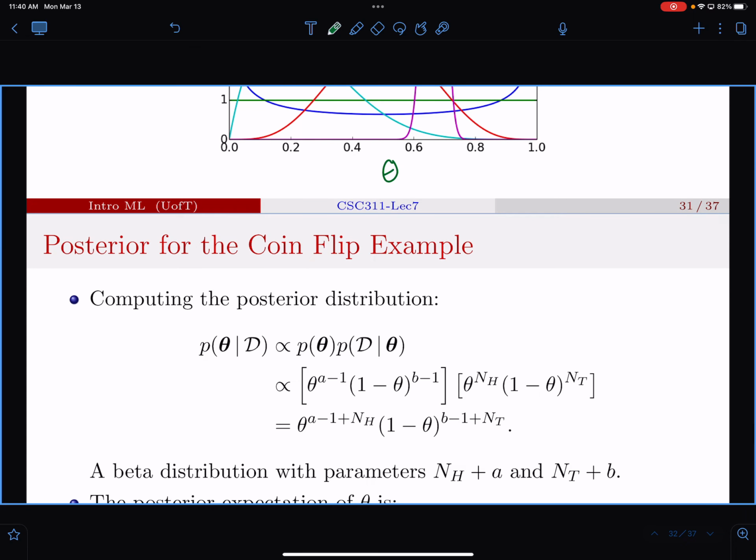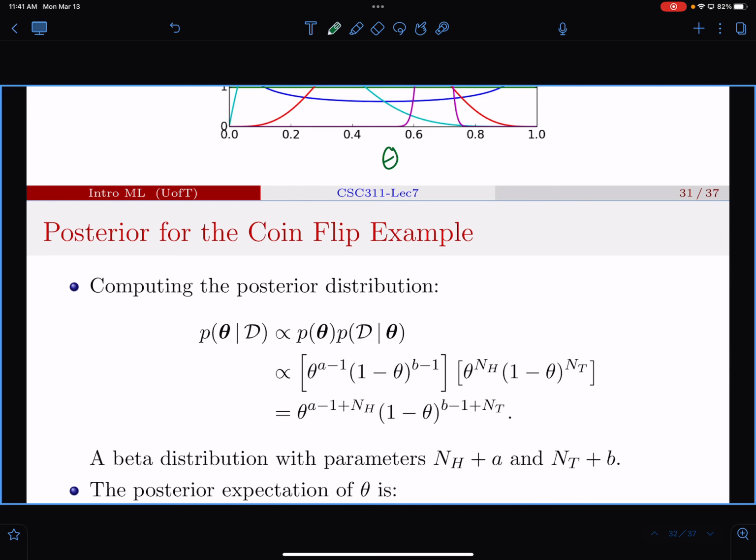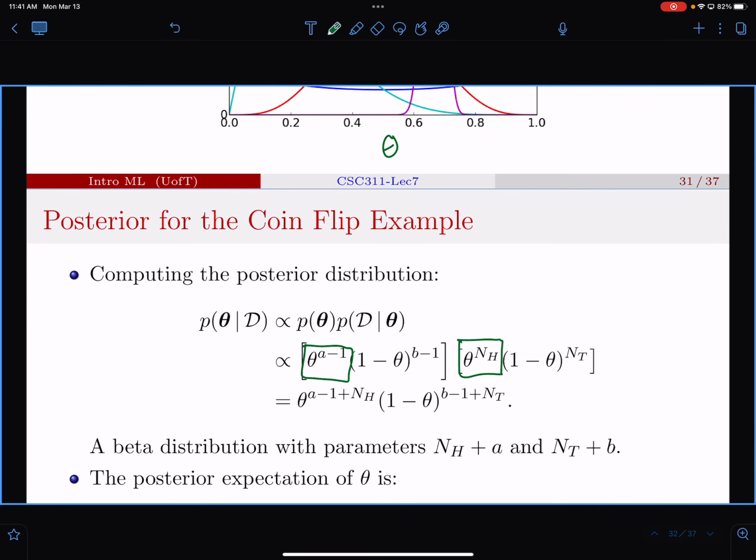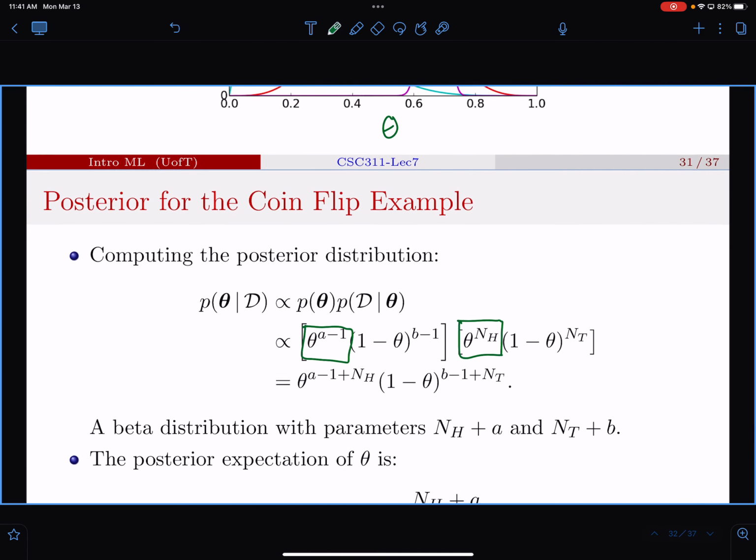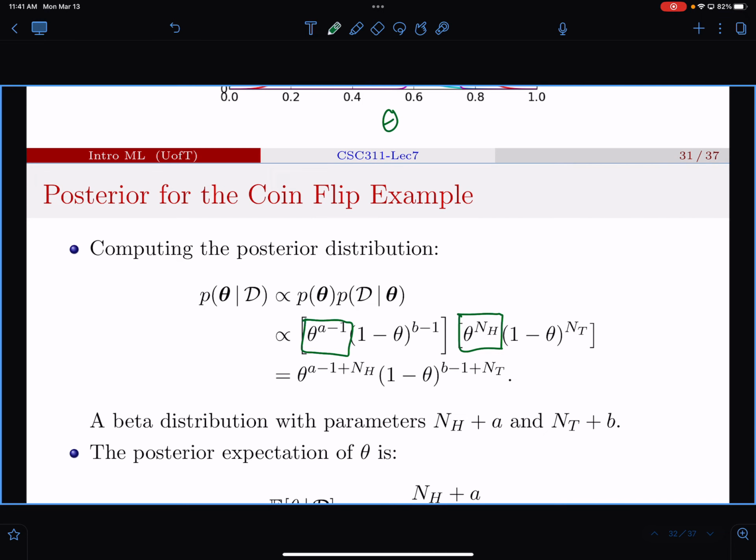Okay, so the reason this prior is really nice is when we're trying to compute the probability of theta given the data, you'll notice that the two functions we're multiplying together have the exact same functional form, which means we can collect the terms together. So we have theta^(A-1) and theta to the power of n_h. If you combine the two terms, the exponents just add, and you get theta^(A-1+n_h).